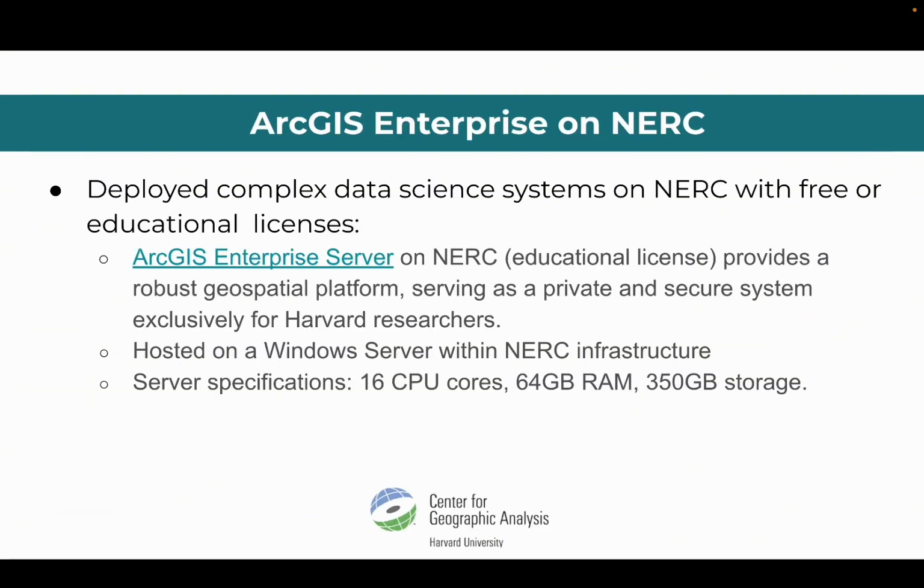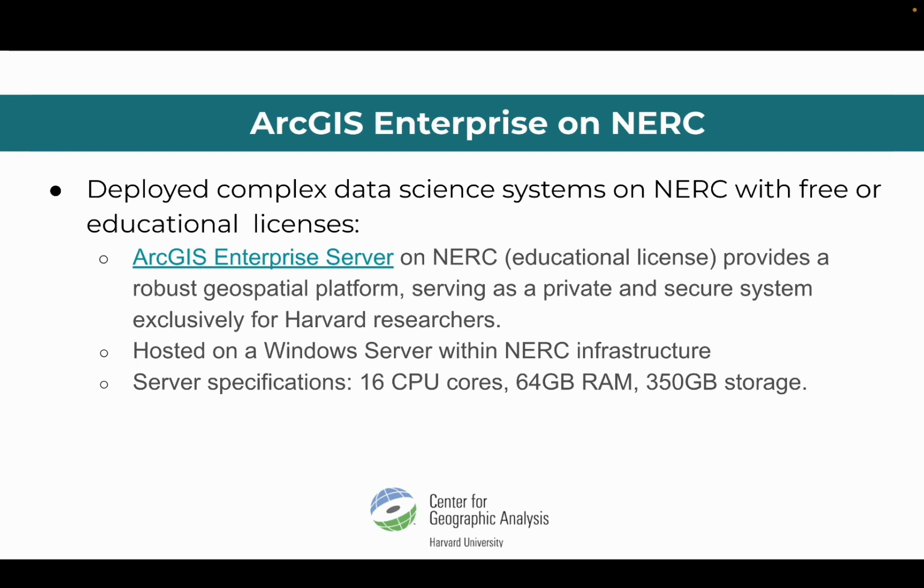By moving geospatial processing to the cloud and optimizing data storage, we can significantly enhance efficiency and scalability in geospatial data analytics. A perfect example of this is our deployment of ArcGIS Enterprise on the New England Research Cloud using an educational license. This cloud-based infrastructure provides a robust platform for advanced geospatial analysis.